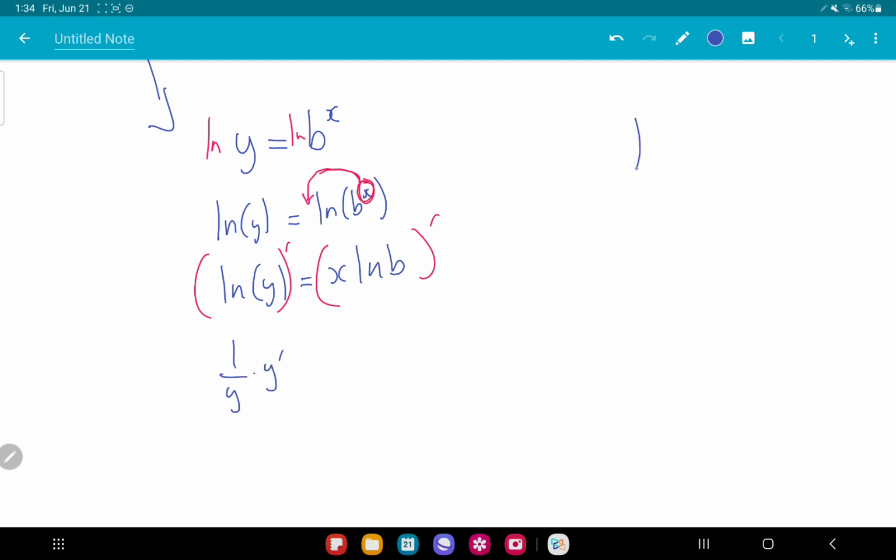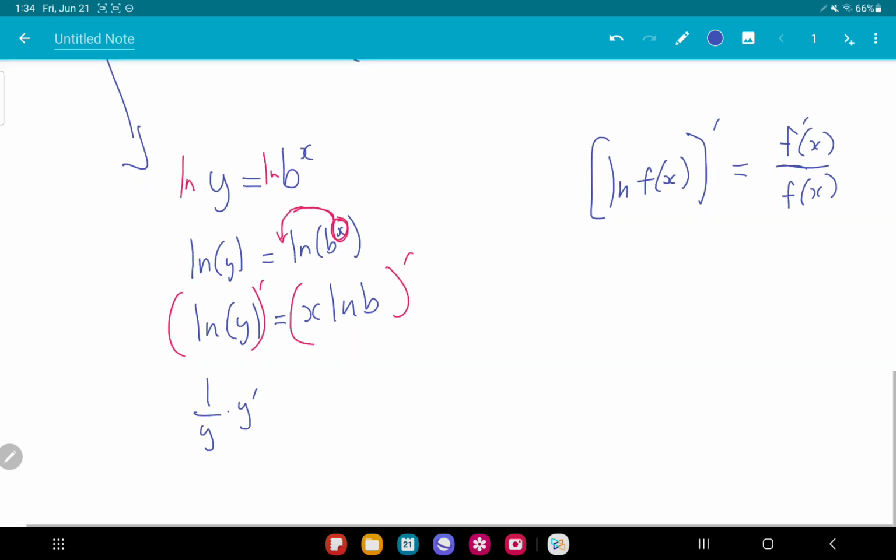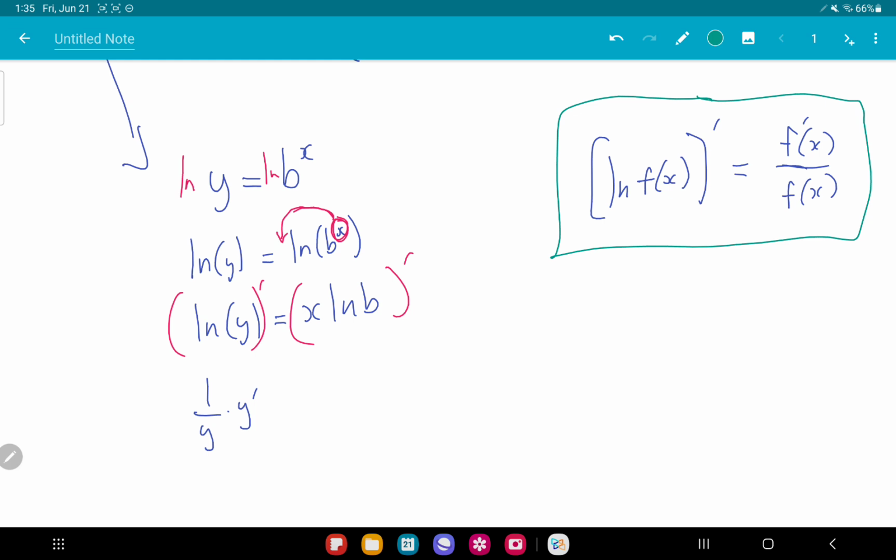Okay, you may find it worth your while to memorize a formula. If I have ln of a function and I do a derivative, it's the same thing every time. It's always f prime over f. The reason is chain rule, but this thing happens so often that it's worth memorizing.